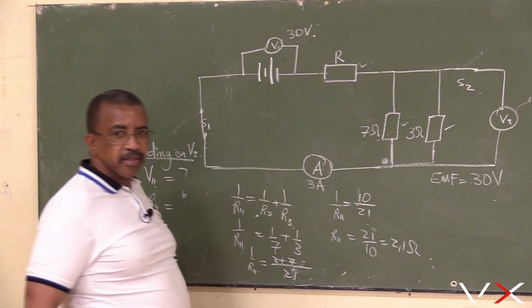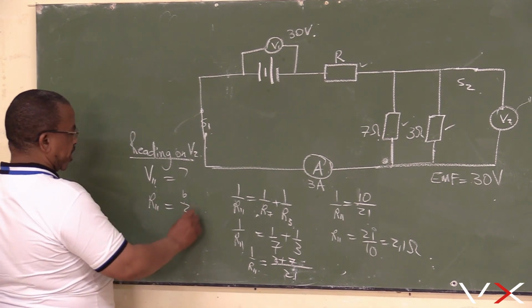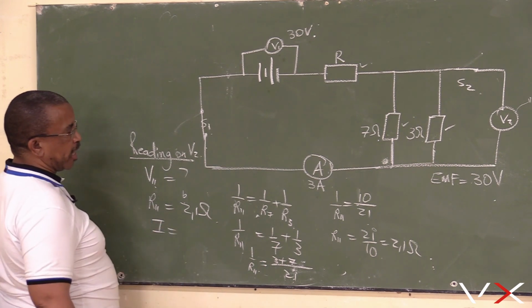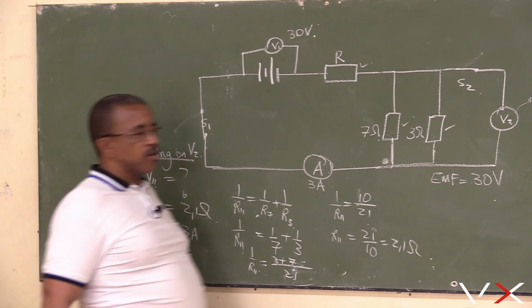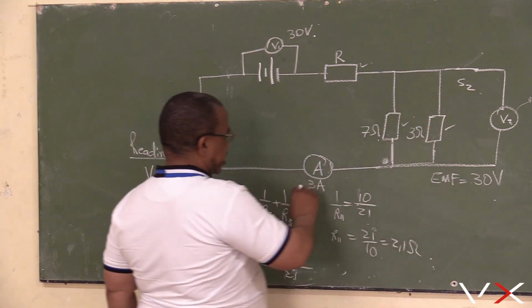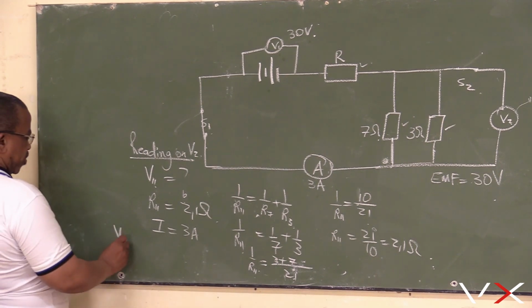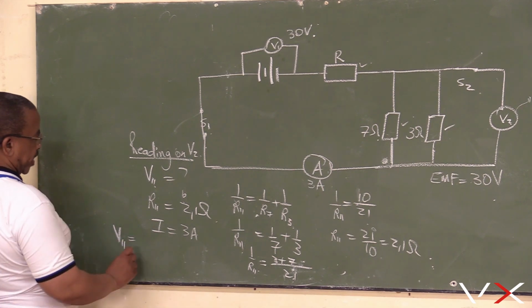Okay. Sesitholile manje u-R parallel wethu, sawuthola ku-2,1 ohm. I-current ke engakanani edlula lapho na? Current is 3 amps. Edlula konke la ku-7 no-3. So u-V parallel, okuyi-reading ka-V2, so uvale u-switch S1 S2 uzoba yini na?